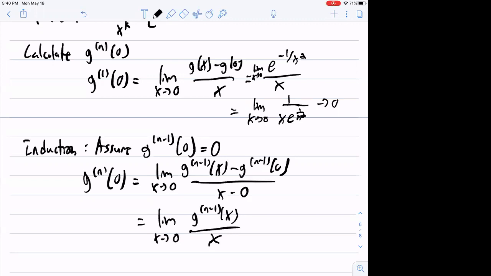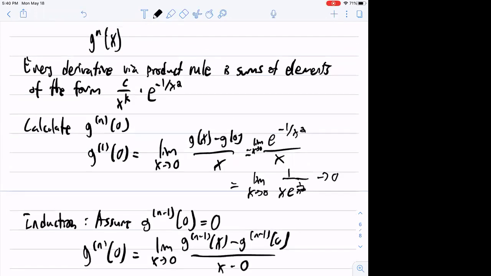Now this is why I wrote the calculation. This thing, as I wrote above, is a sum of elements of this form, right? If each term in the sum goes to 0, then the sum goes to 0. So it suffices to just take a term that looks like this.